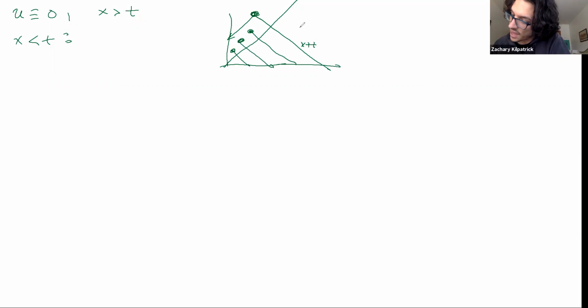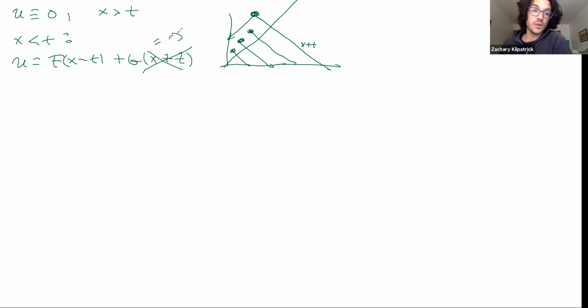So for that reason, this typical u equals f of x minus t plus g of x plus t is just going to be equal to 0, because if you move from this position according to this characteristic backward in time, you're always going to hit places where the data are 0. So you only need the f of x minus t term there.